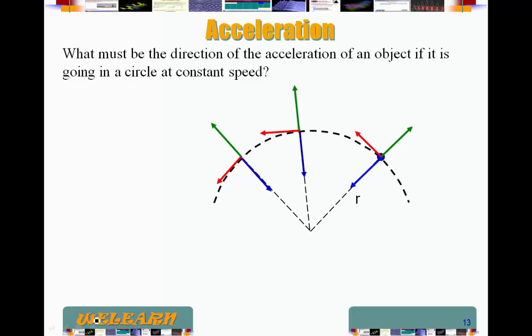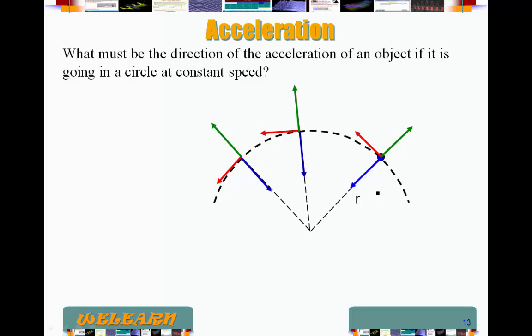Now, what must be the direction of the acceleration if it is going in a circle at a constant speed? What we have decided a few minutes ago, the acceleration cannot be parallel to the velocity, because if it is parallel to the velocity, then the speed is going to increase, and cannot be opposite to the velocity, since that would mean that the speed is going to decrease.